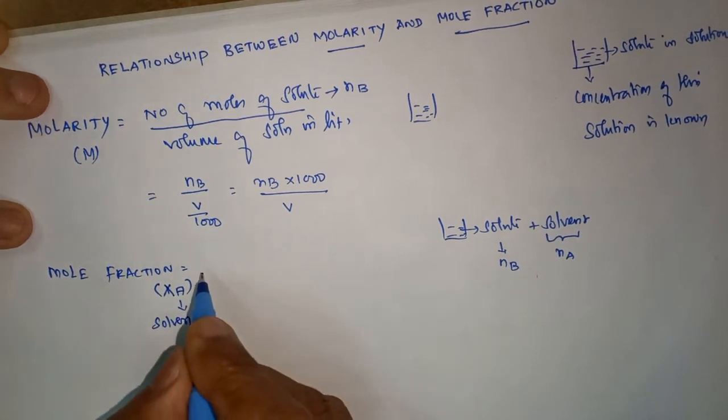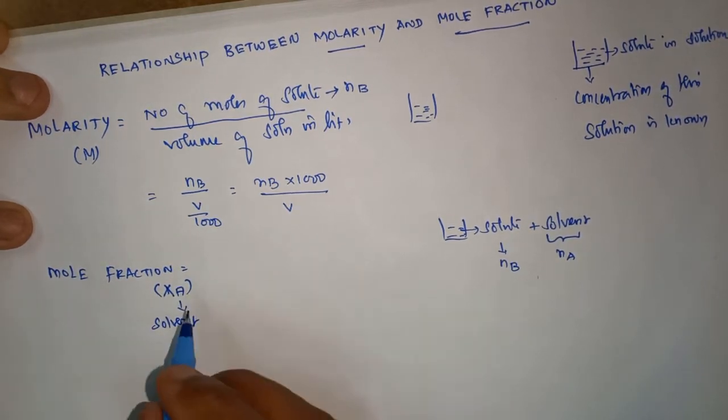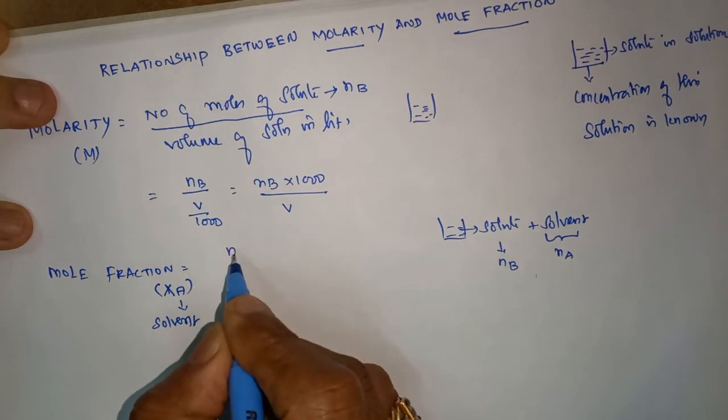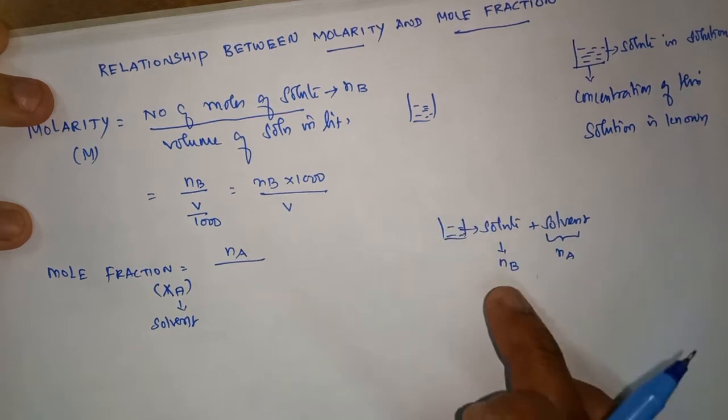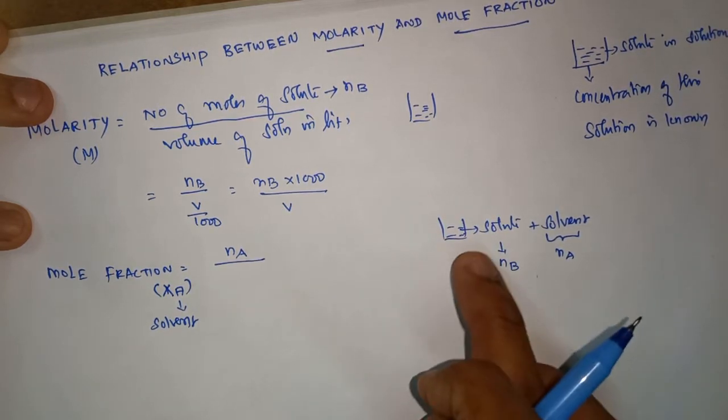How do we find the mole fraction of solvent? It is the number of moles of solvent, n_A, divided by the total number of moles of the solution. What is present in the solution? Solute plus solvent.